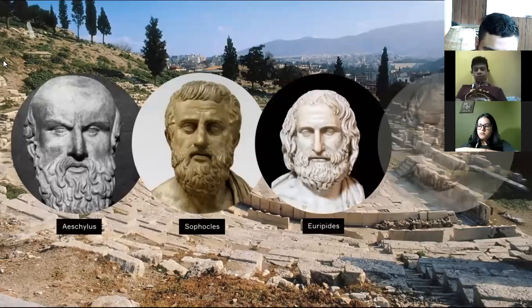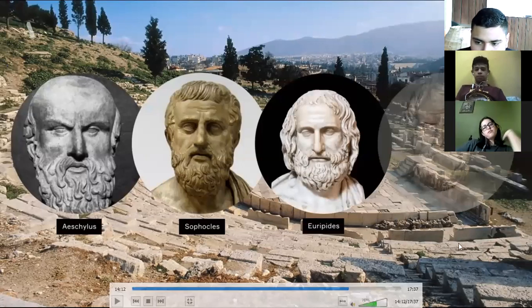Well, it's like a story in which the end is a fatal ending, in which people die at the end of the story. And if you see here in the background, it's like a type of theater of ancient Greece. So they were making plays about comedy and also tragedies.